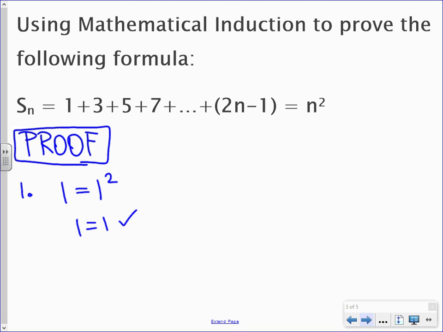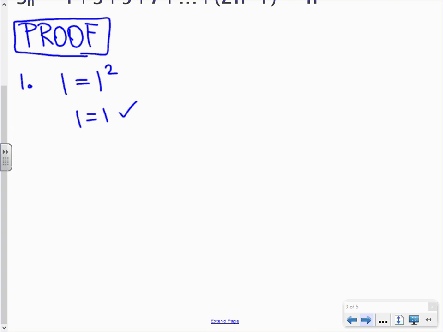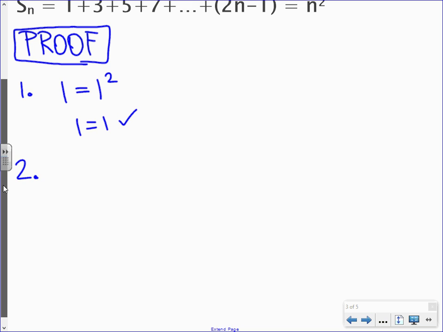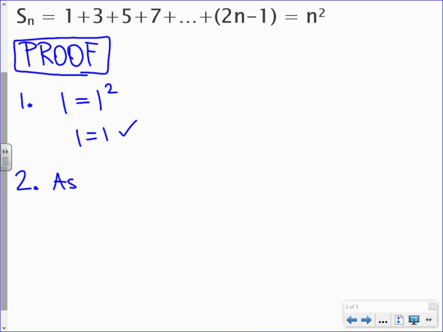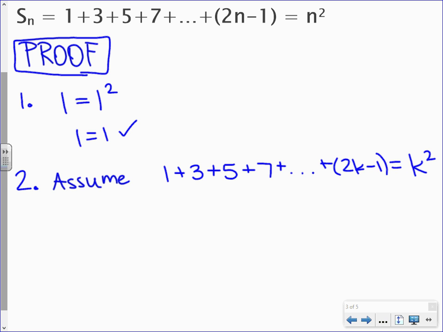Our second step is, well, a lot of steps, but we are going to assume this formula for k. So we're going to assume that 1 plus 3 plus 5 plus 7 all the way up to 2k minus 1 equals k squared.